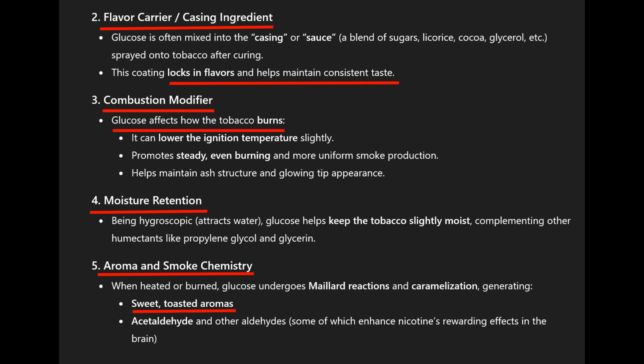Okay, it can lower the ignition temperature slightly. Okay, promotes steady, even burning and uniform smoke production. Helps maintain ash structure and glowing tip appearance. Fourth, moisture retention. Again, very important.